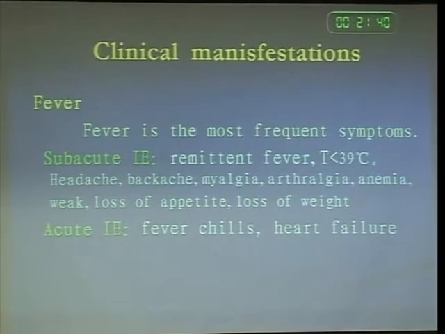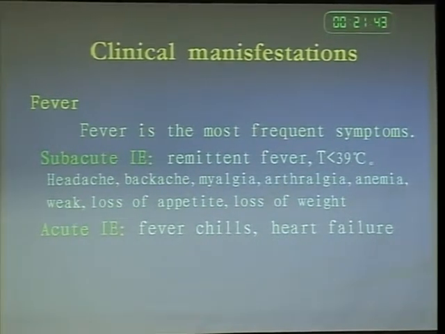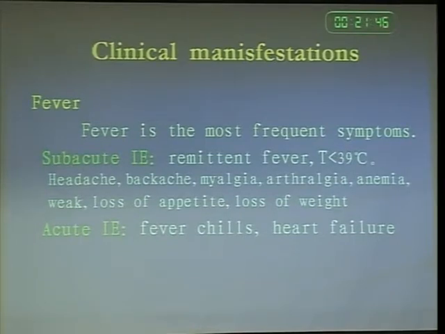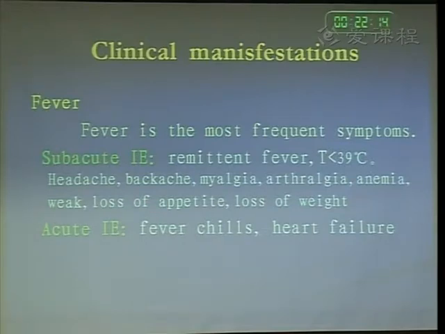Then we need to talk about the clinical manifestations. The most common manifestation is fever. Fever is the most frequent symptom. For the subacute IE, remittent fever is common, with temperature always less than 39 degrees, accompanied by headache, backache, anemia, loss of appetite, and loss of weight.